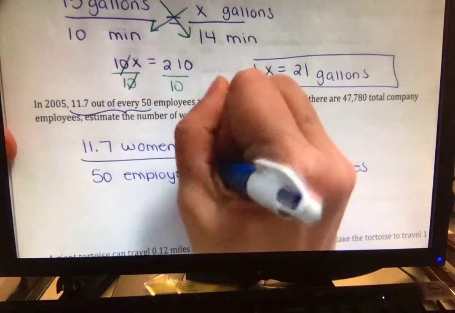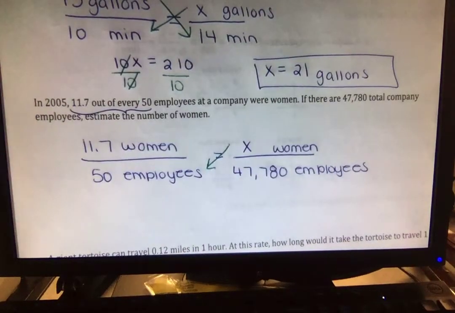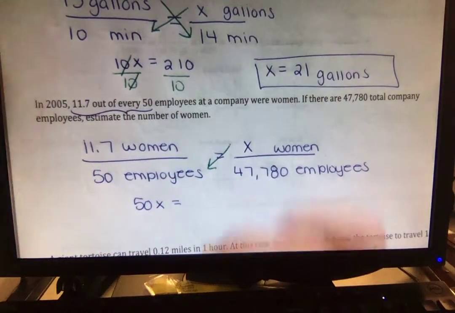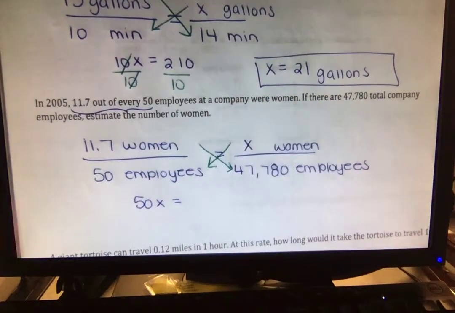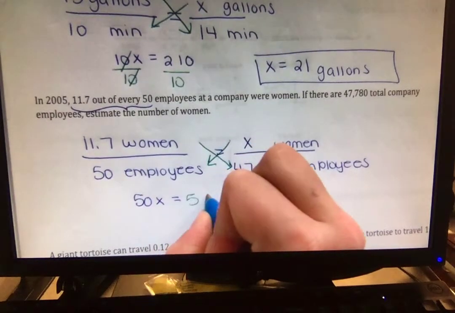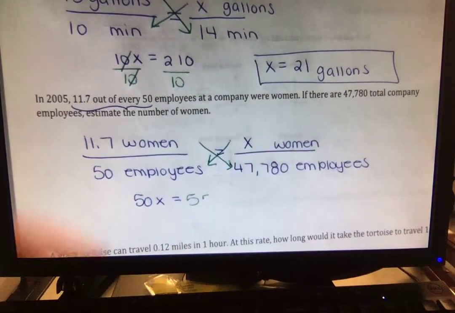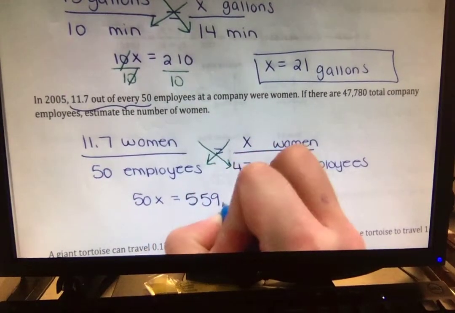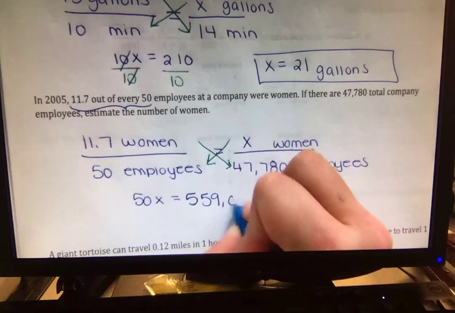So X times 50. 50X equals 11.7 times 47,780.